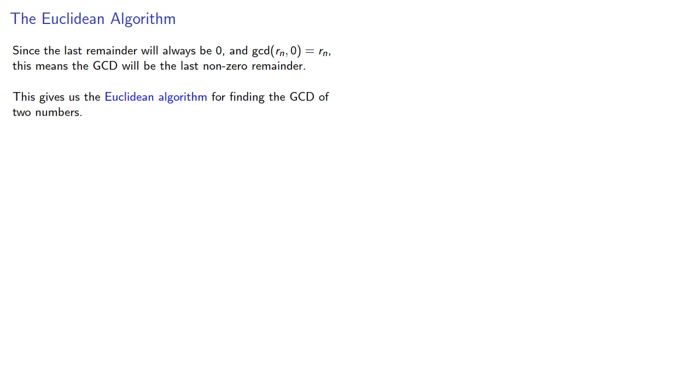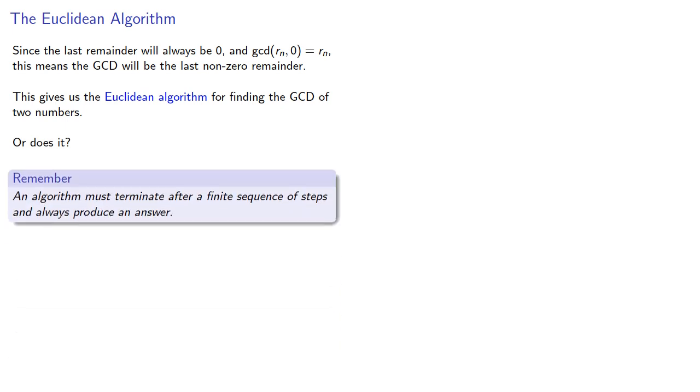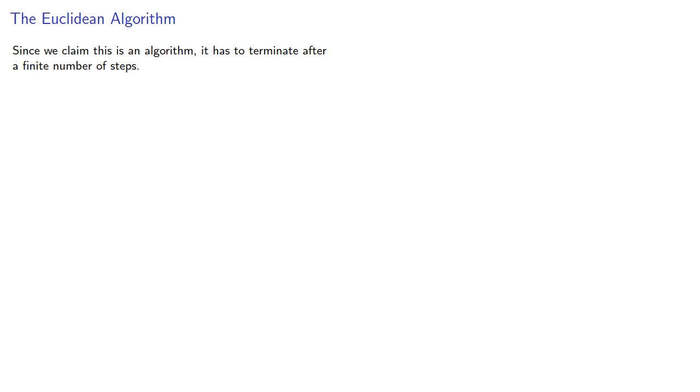Or does it? Remember, an algorithm must terminate after a finite sequence of steps and always produce an answer. Since we claim this is an algorithm, it has to terminate after a finite number of steps. Now, note that we're finding quotients and remainders repeatedly.